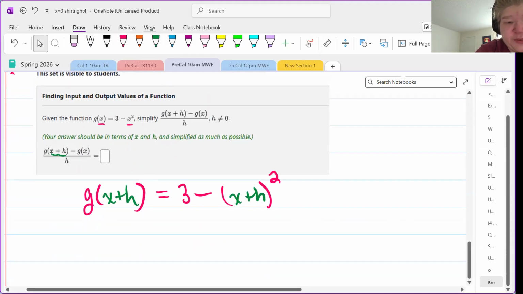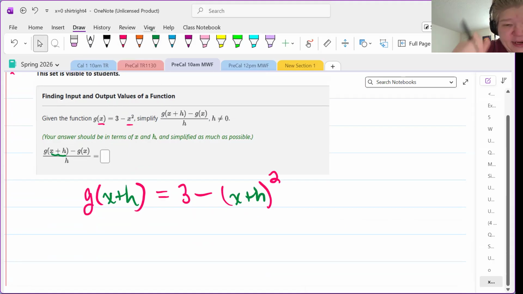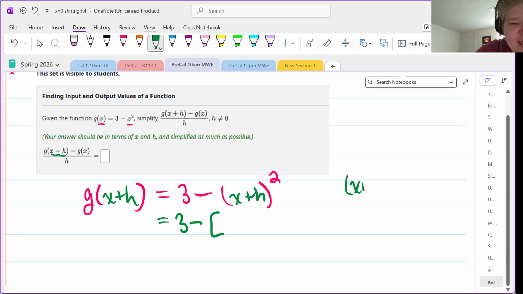Now, this is an algebra expression that I'm going to work on expanding and getting rid of the parentheses. So we have 3 minus, and then x plus h squared is going to be x plus h times x plus h. So that's a FOIL situation, first outer inner last. So we'll have an x squared, an hx, and another hx, and then an h squared.